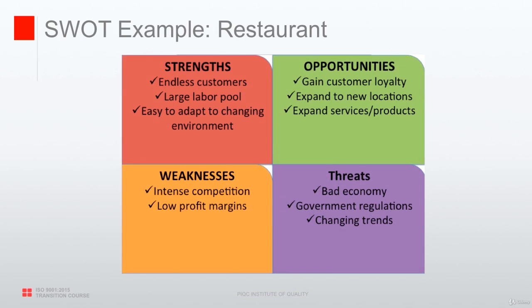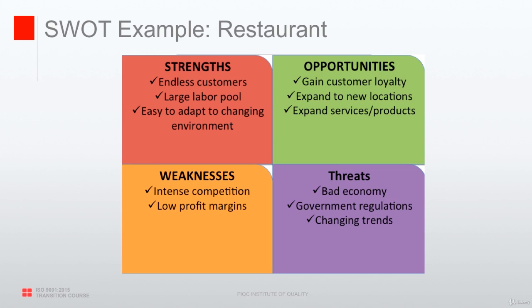Now, let me show you an example of SWOT analysis. After going through detailed analysis and debates, these are the key points given by a restaurant. Their strengths, as shown on the slide, are endless customers, large labor pool, and easy to adapt to changing environment.